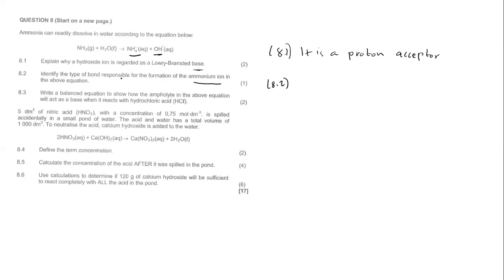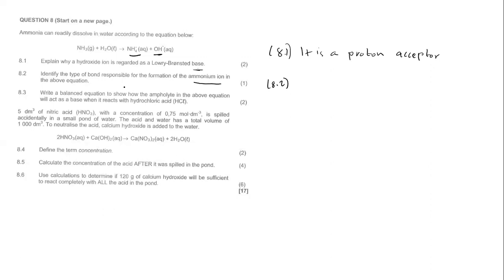We go back a little bit to matter and materials. We have learned three types of bonds: the covalent bond, ionic bond, and metallic bond. And there is a special case of a covalent bond, which we call a dative covalent bond, or you can also call it a coordinate covalent bond.